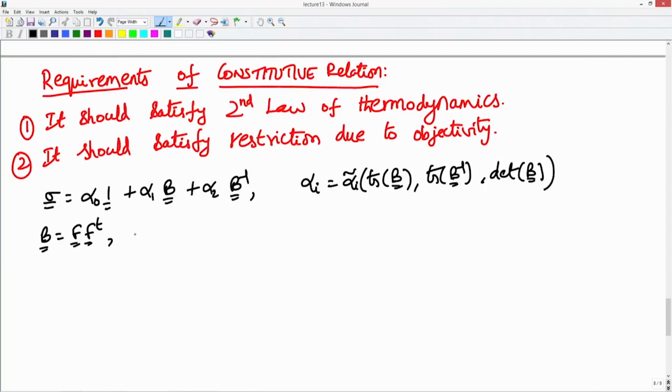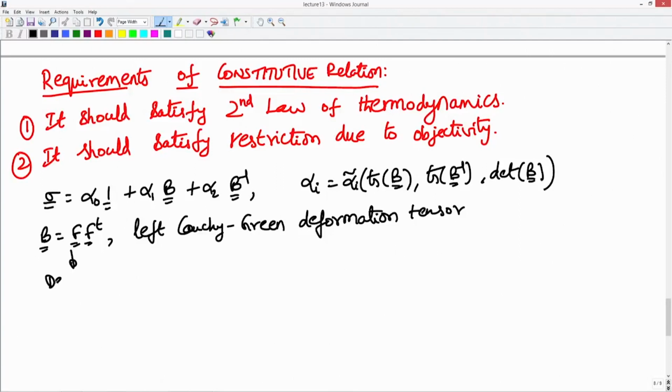This is called the left Cauchy-Green deformation tensor. B is called the left Cauchy-Green deformation tensor. It is F times F transpose, where F is the deformation gradient that we have seen before.